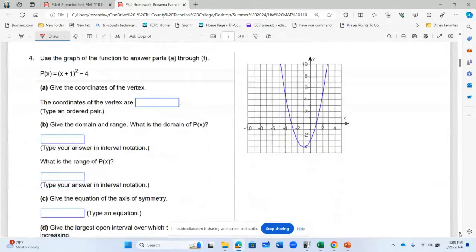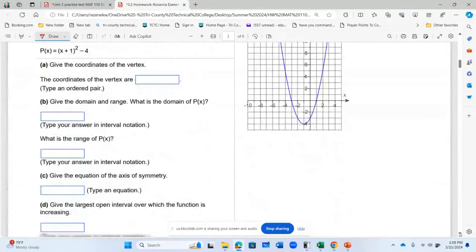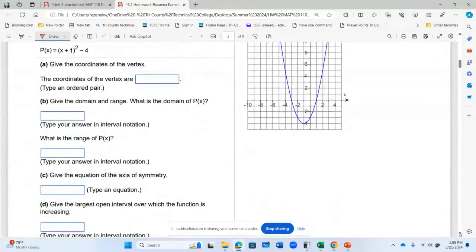Let's quickly do this one and then we get away from here. All right, give the coordinates of the vertex. See, sign change here. So h is negative 1. Sign change here also. K is negative 4. I bet you can do this. The only way people miss it is they don't know the formula.